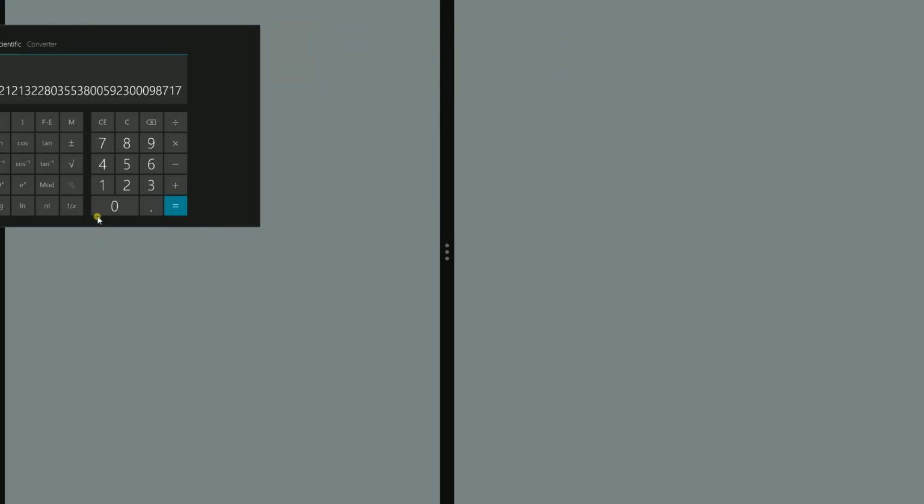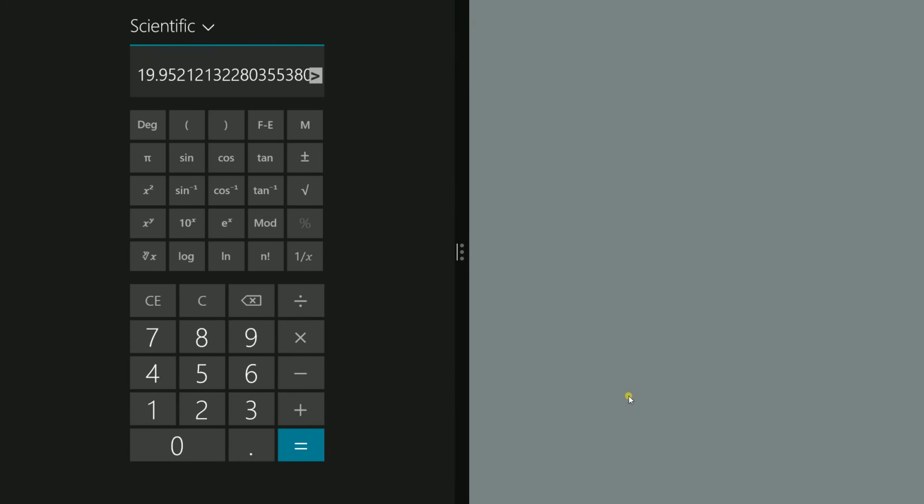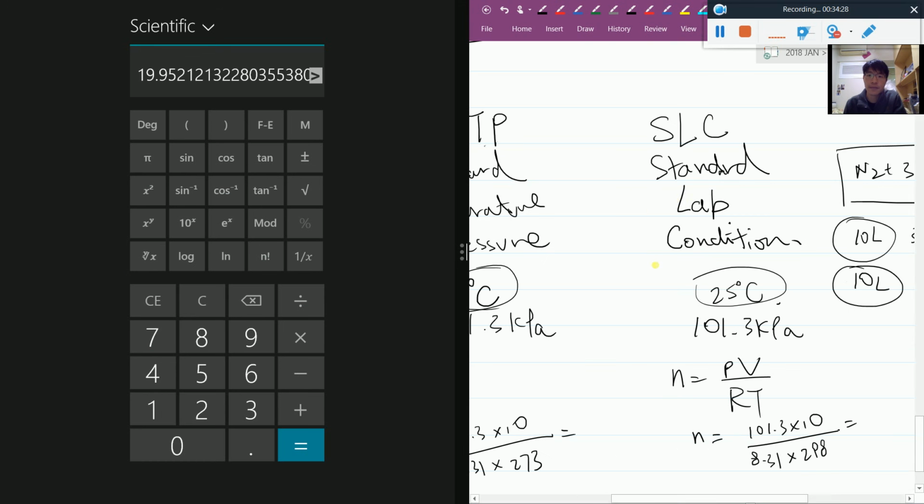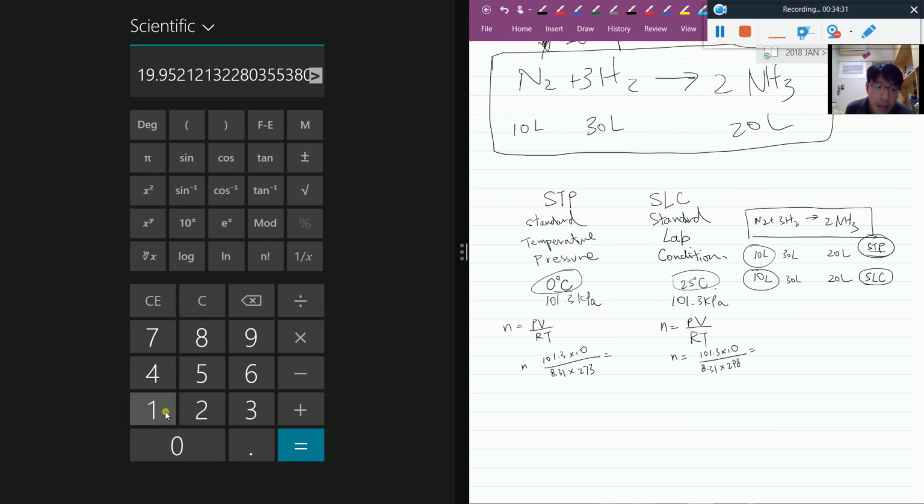It's annoying every time I need to do this again. 101.3 times 10 divided by 8.31 and then divided by 273 is 0.447 molar.